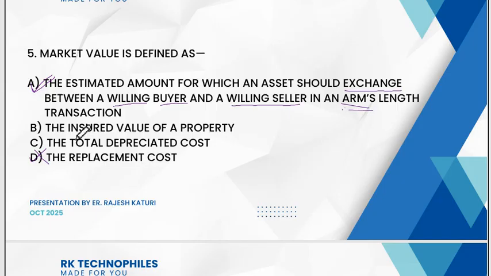B is actually insurance value, means for risk coverage it may differ. And C is depreciated cost. So it is also an accounting cost. Depreciated cost means the reduced value.